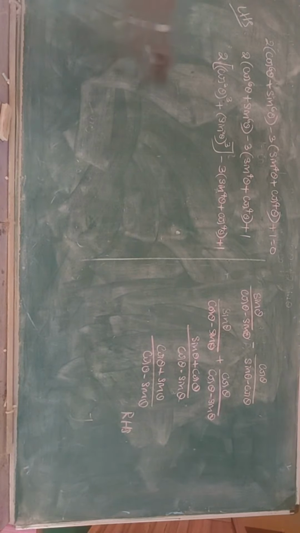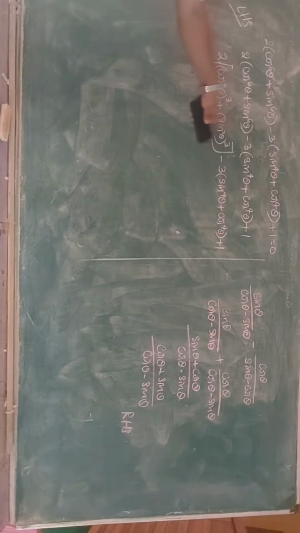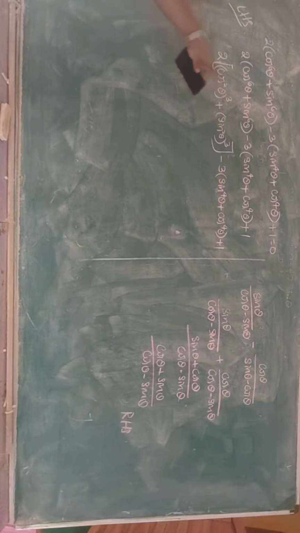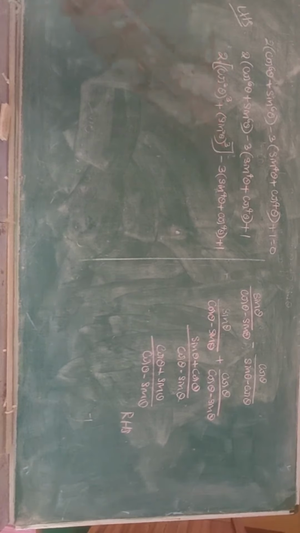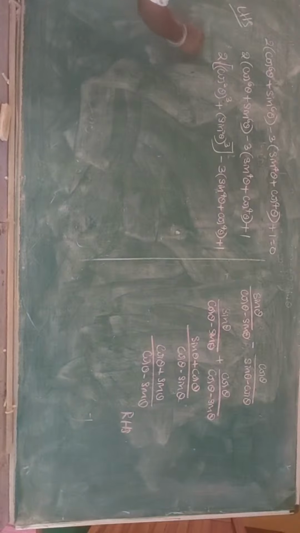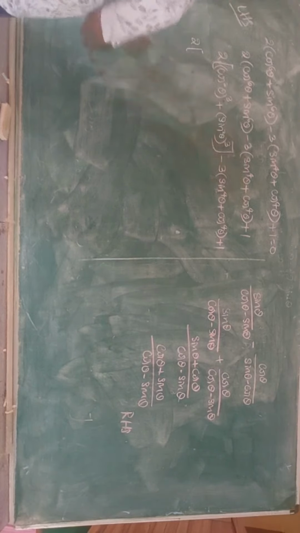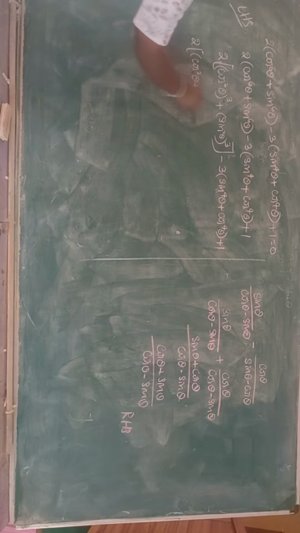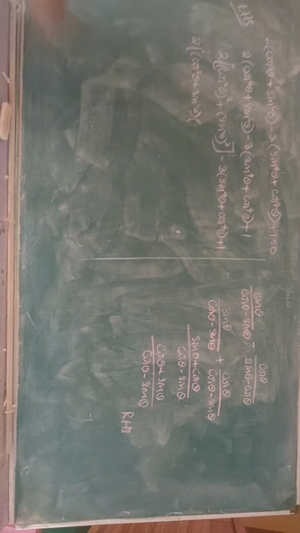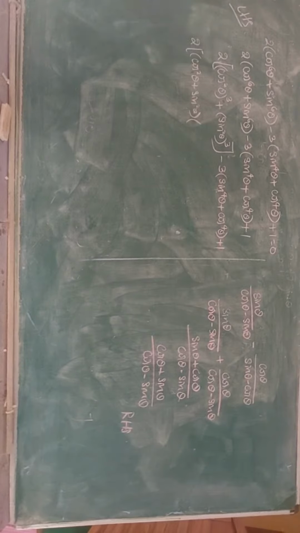Okay. Yes, here this cos square theta is a complete a and this sin square theta is a complete b. Understood? It is not a square, it's a cube, b cube. So now write as it is into bracket, and this 2 is related to only this equation, not other equations. 2 into a plus b, that is cos square theta plus sin square theta, into bracket a square we have to write now.